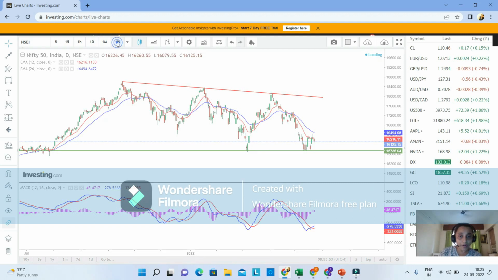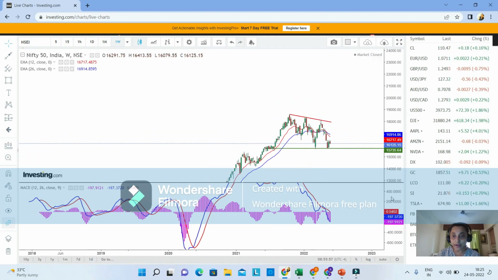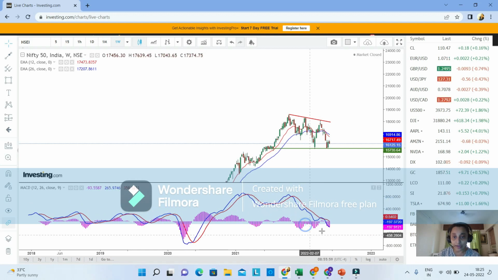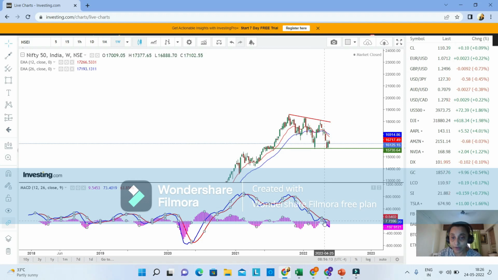Now let's go back to the weekly time frame. If you look at the weekly time frame, is there a trend reversal yet? It is strongly bearish, because my MACD line is below my signal line, correct? And my histogram is strongly bearish, correct?